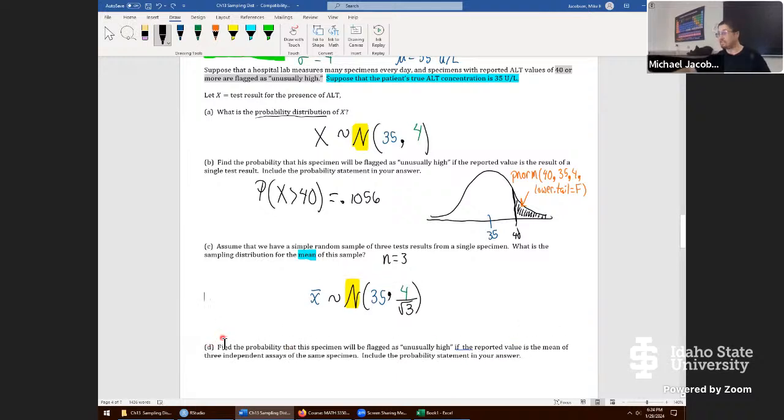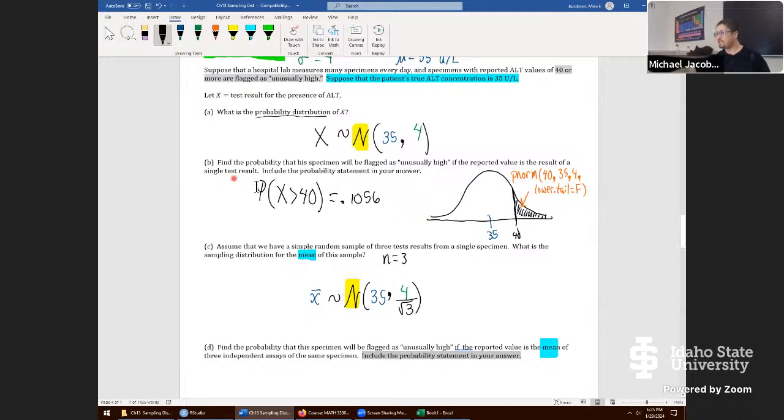And now part D says, find the probability that this specimen will be flagged as unusually high if the reported value is the mean of 3 independent assays or tests from the same specimen. Same specimen means 35 here is still valid. We'll include the probability statement in this answer, like we did on the prior one.